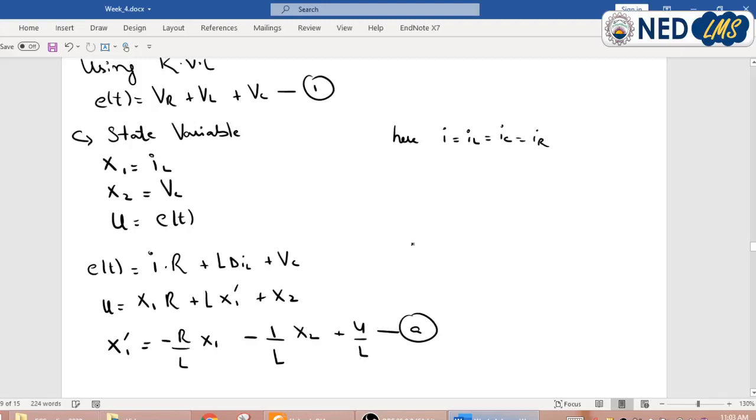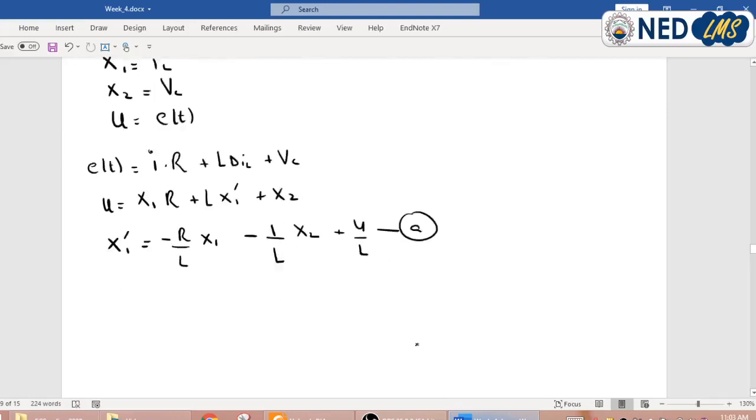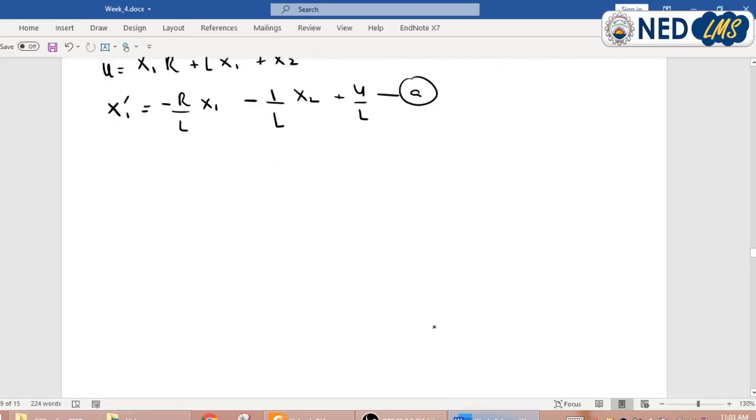Now I want to evaluate x2 dash. x2 dash will be dVC. I know that the mathematical model of the capacitor is IC equals C dVC.